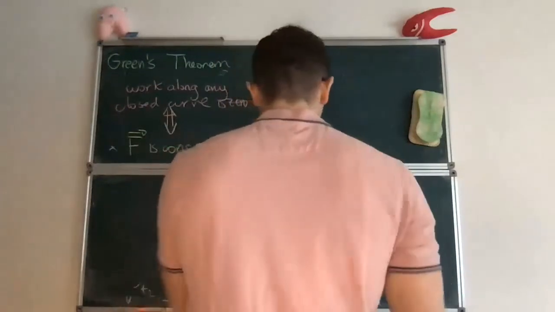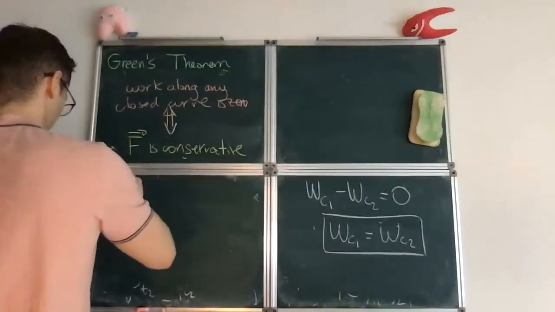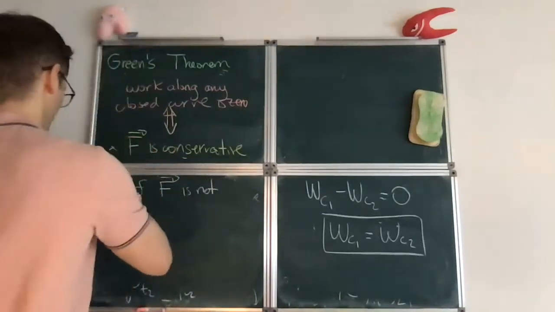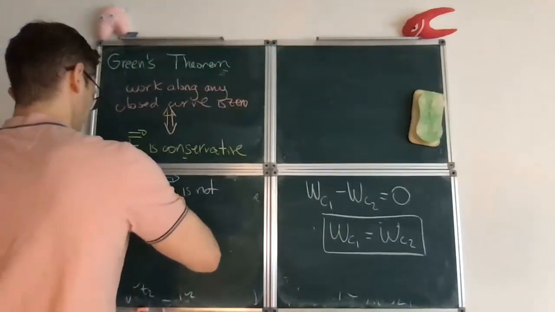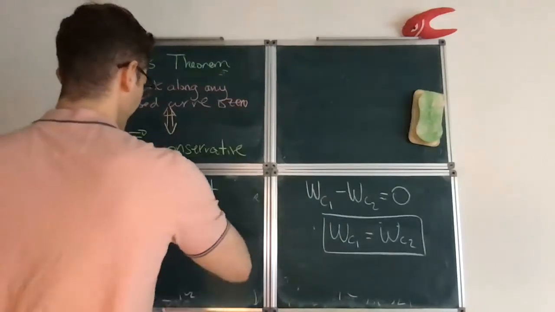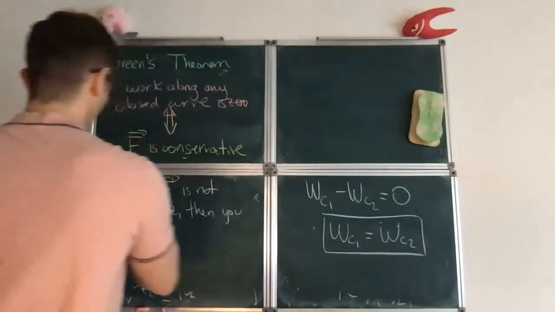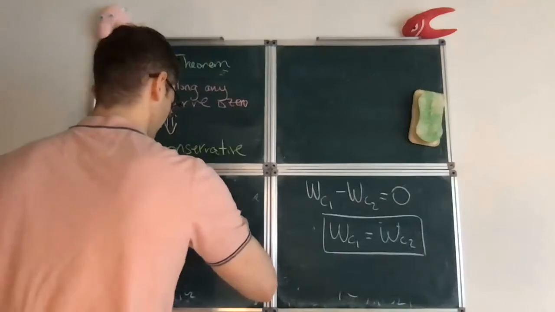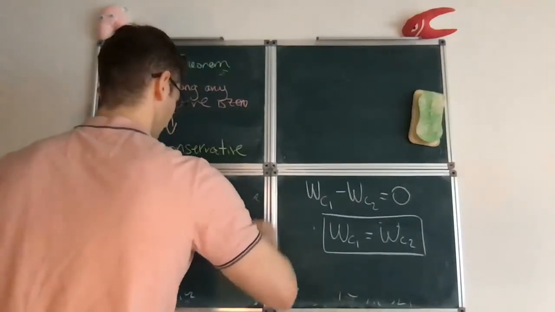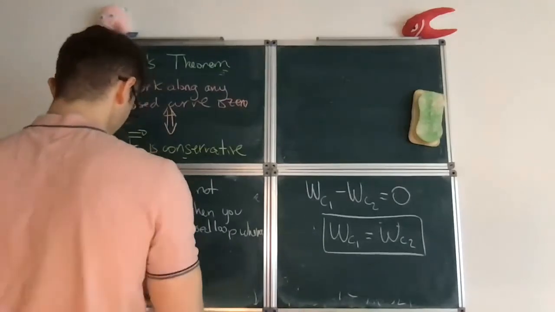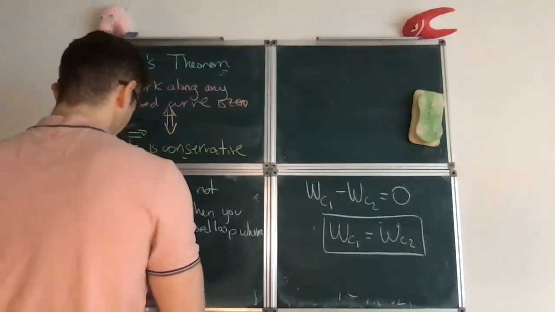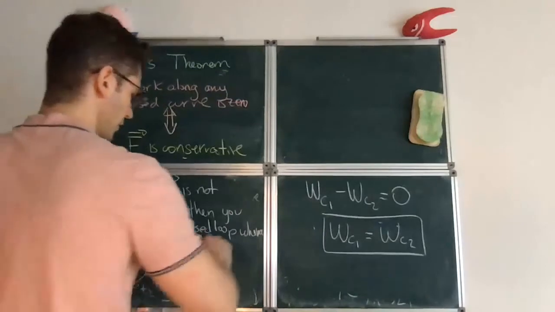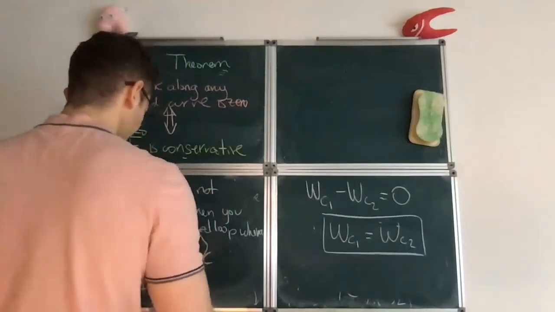So what that means is that if f is not conservative, then you can find a closed loop where the work along this curve is non-zero, right?